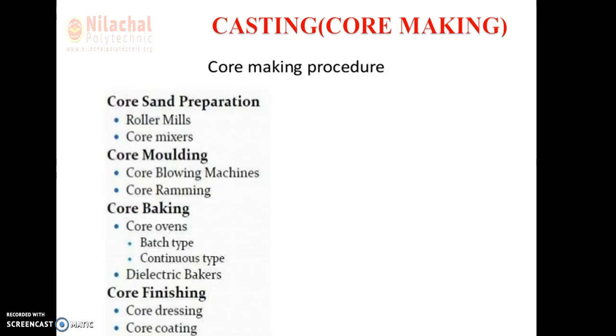The core molding machines can be classified as core blowing machines and core ramming machines. The core blowing machine fills the core sand into the core box by compressed air. The core ramming machine is used for ramming the sand so that the sand can be tightly packed within the core box.